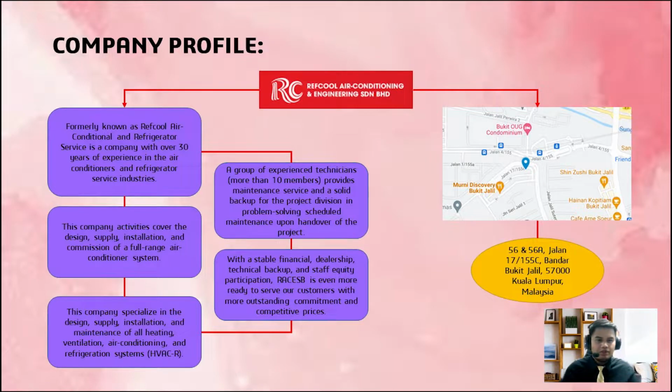With stable financial, dealership, technical backup and staff equity participation, RACESB is even more ready to serve our customers with more outstanding commitment and competitive price. On the right side is the location of my office, Refcool Air Conditioning.